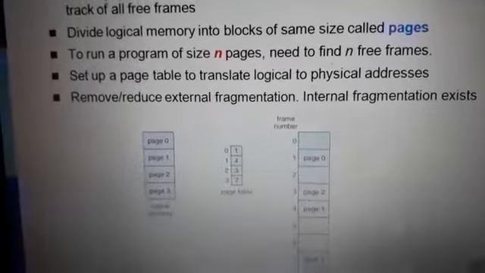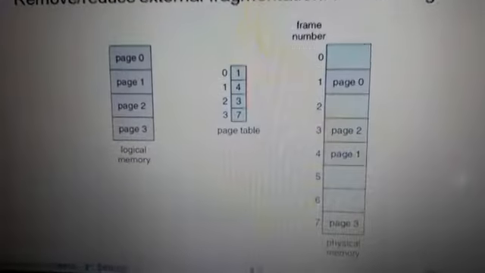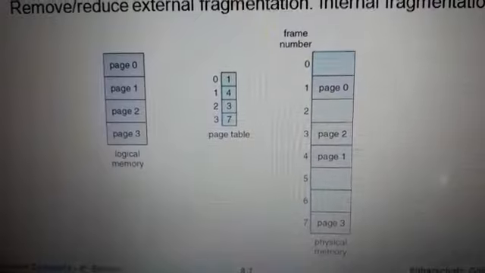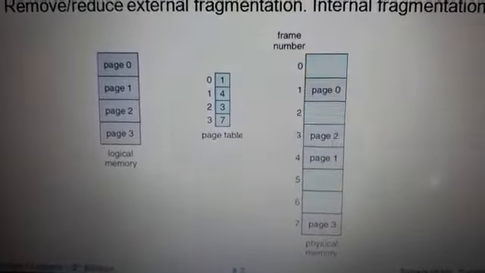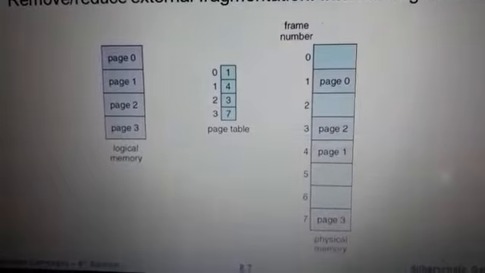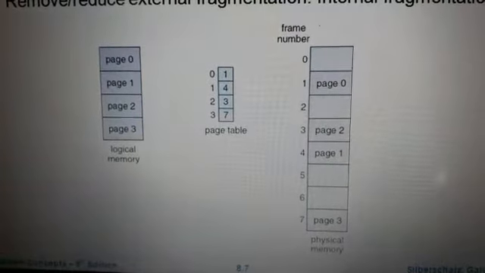Internal fragmentation exists. So look at this diagram. In this diagram there are three elements: logical memory, page table and physical memory. Logical memory is divided into pages which are of the same size. Physical memory is also divided into fixed size blocks termed as frames.